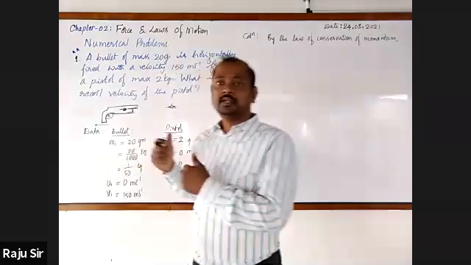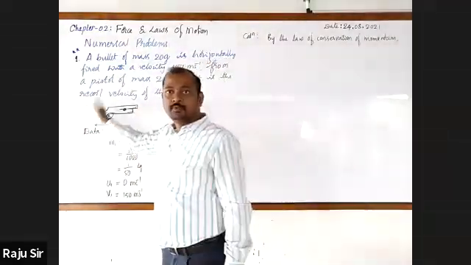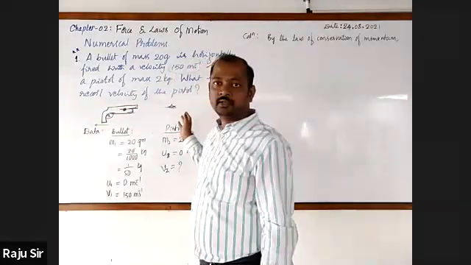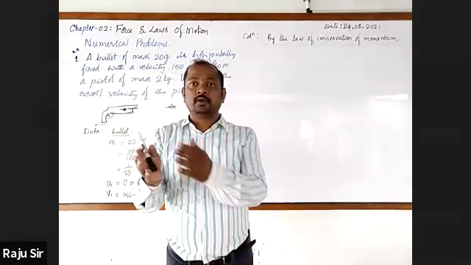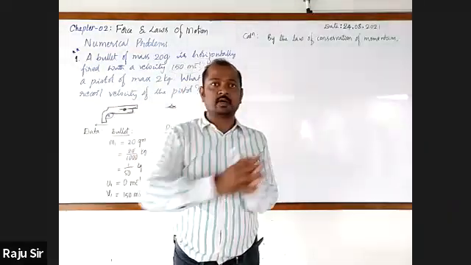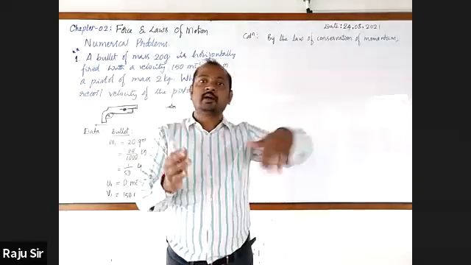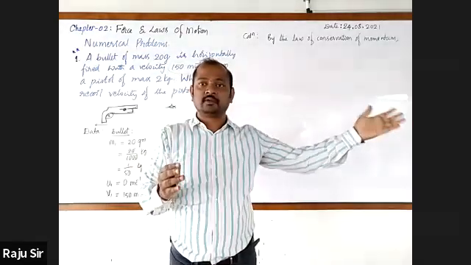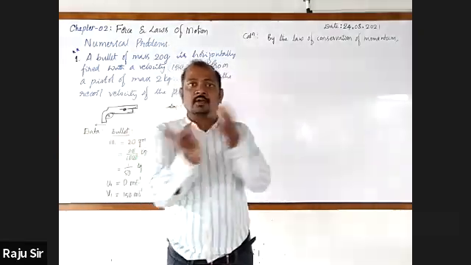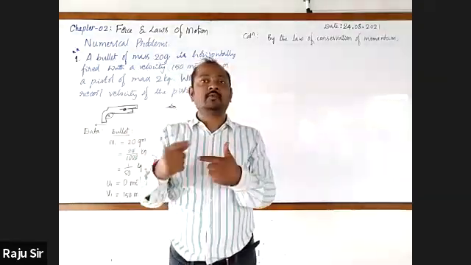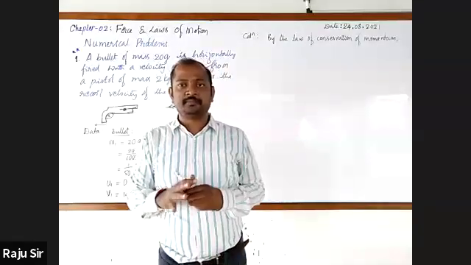But here, according to the situations, we take before firing and after firing. Similarly, for the girl who jumps on the cartwheel, we take the situation before jumping and after jumping. When two persons collide with each other, before collision and after collision. Like this, we'll go for taking the situations. Got it?